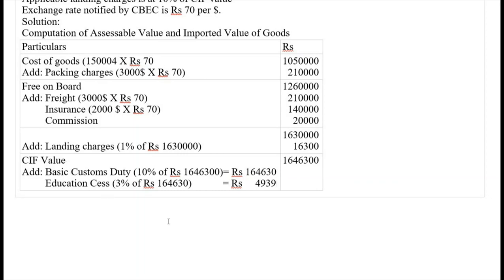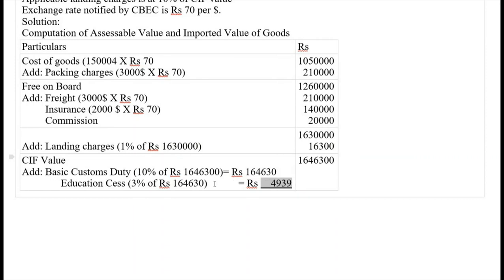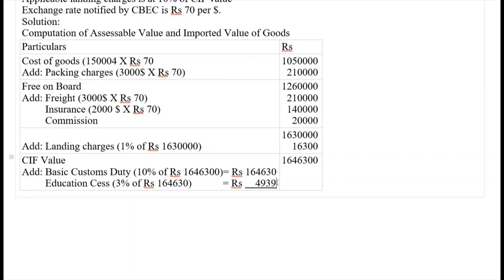So the sum of this will be 1,64,630 plus 4,939, which comes to 1,69,569.